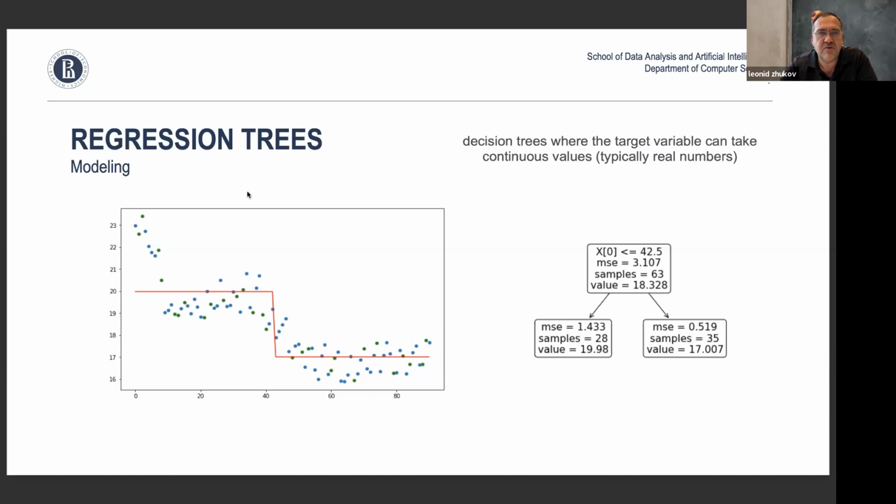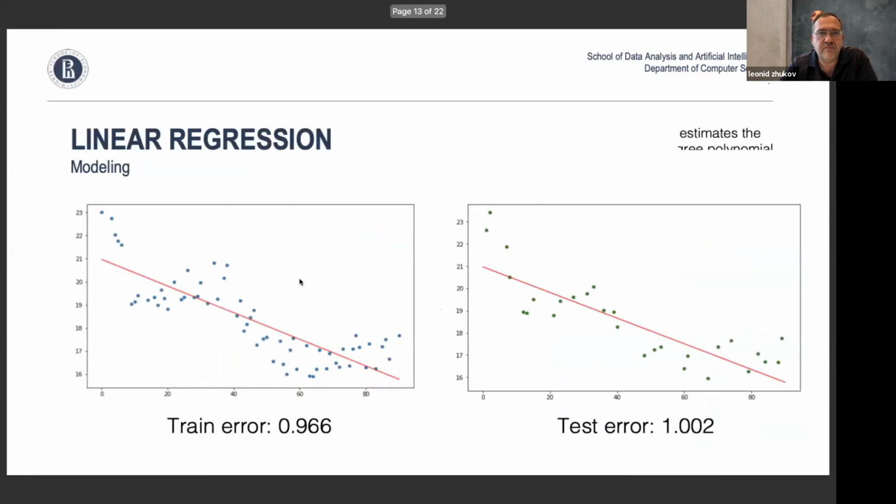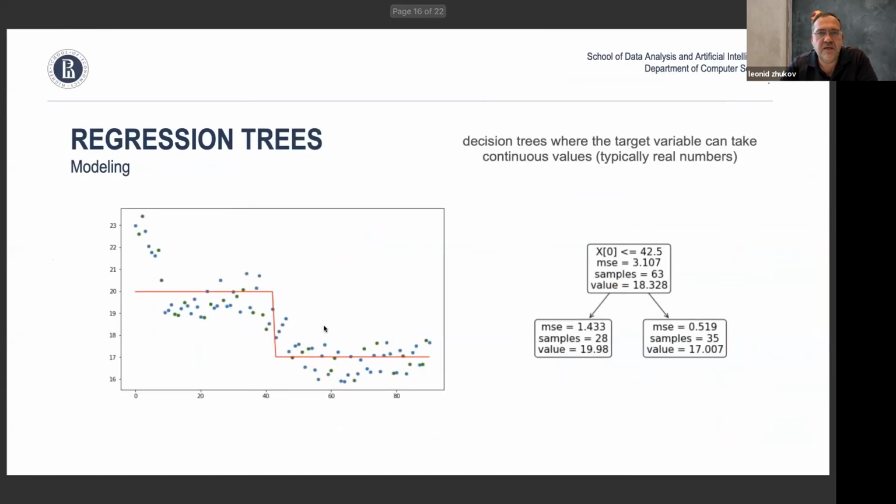Just give me a sec. We'll go back. Okay. Mean squared error, right? That's MSE. So if I go back to that slide, it is the distance.